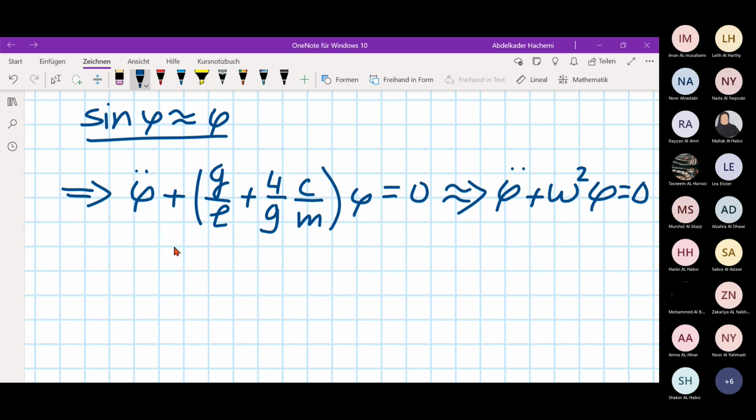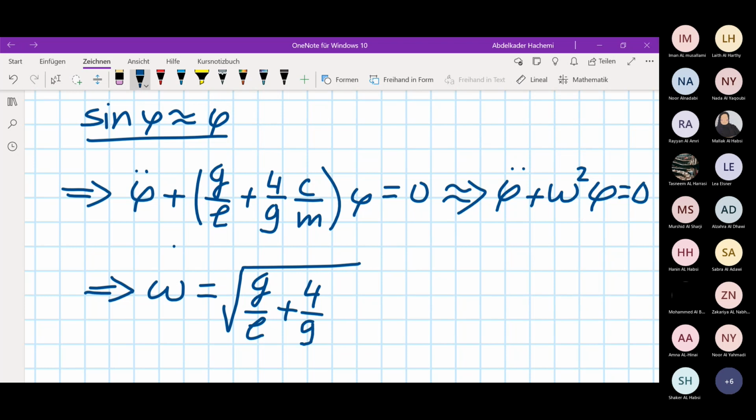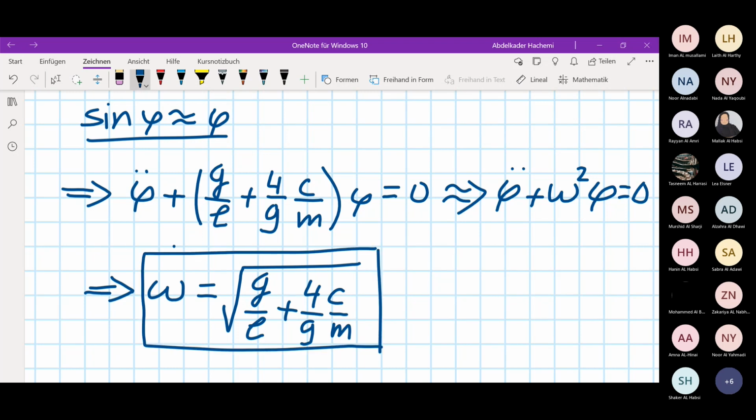Then from this equation we can get that omega is equal to the square root of g divided by L plus 4 divided by 9 C divided by M. This is our omega.